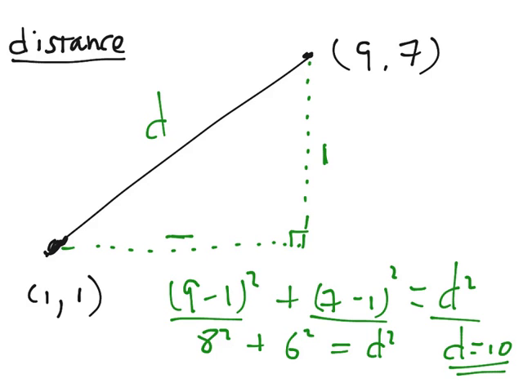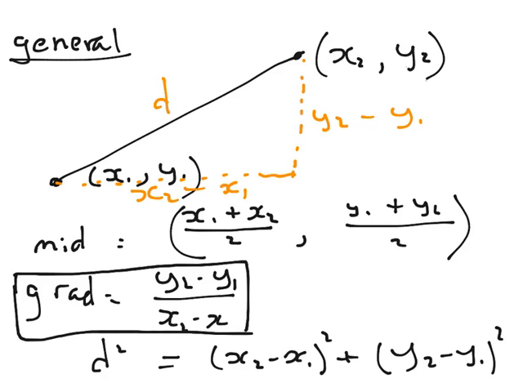So brace yourself for the mess that's coming next. We'll look at all three of those in formula form. There it is. We write down that the difference between the y coordinates is y2 minus y1, and the difference between the x coordinates is x2 minus x1. So the gradient is just the y difference divided by the x difference. That's what we had a couple of screens ago.